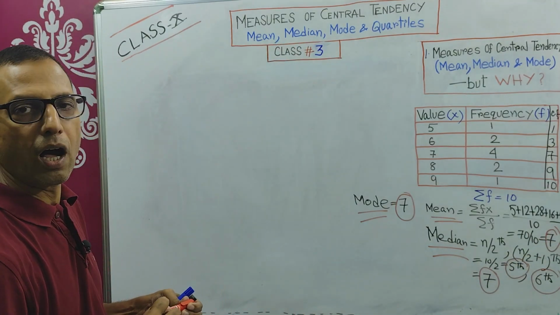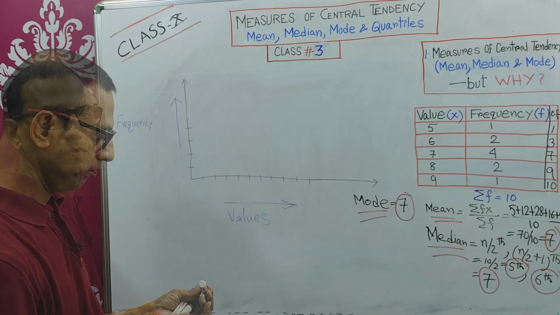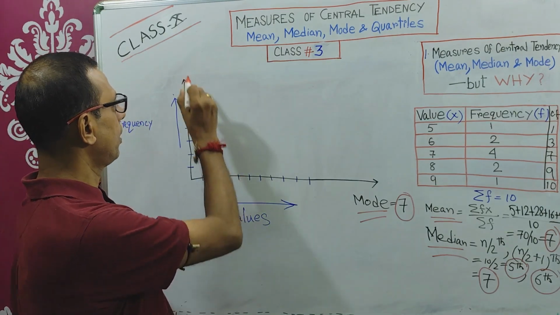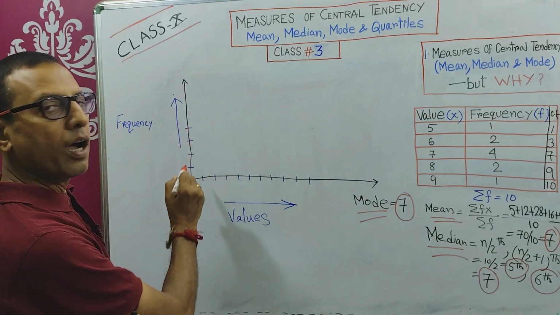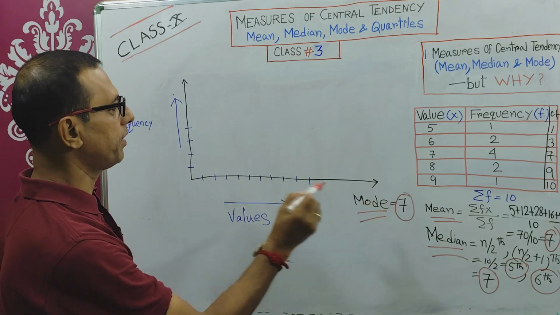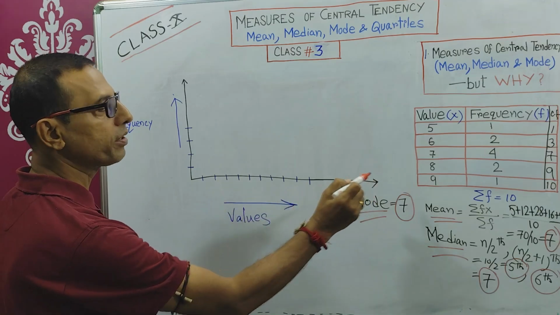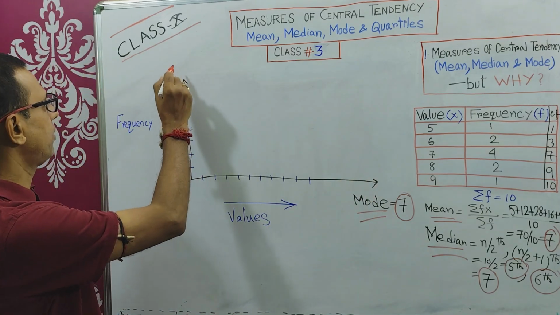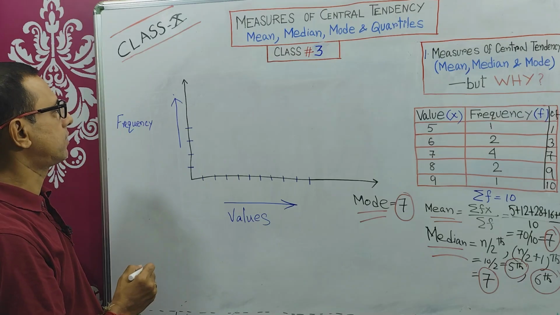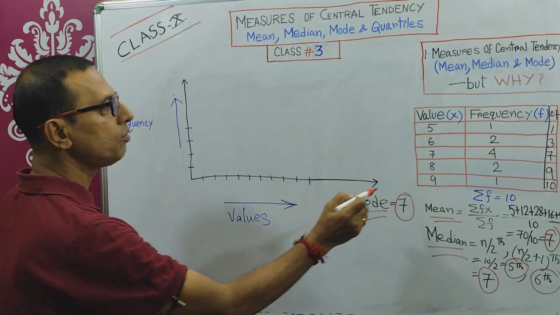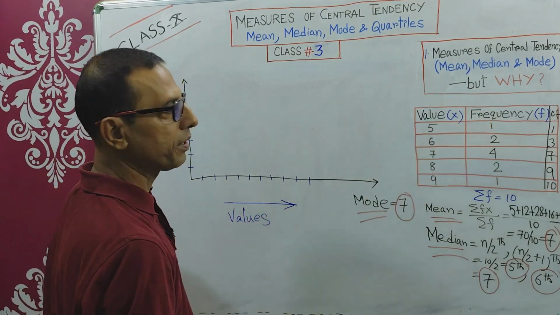Let's plot the data. So now let's put this mean, median data graphically. Values are along the x-axis and frequency is along the y-axis. Now 5 has the frequency 1.